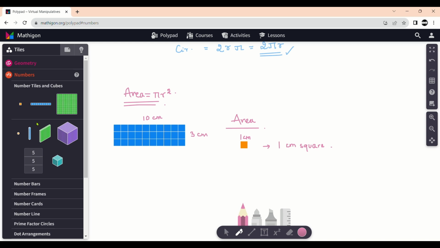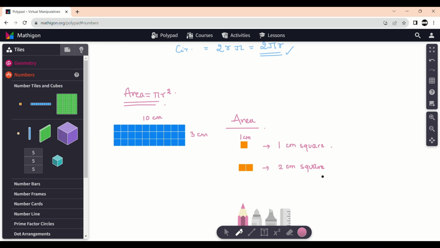So naturally, if we have two such squares, then the area is 2 centimeters square, right? So area only means you count the number of 1 centimeter by 1 centimeter squares, provided the unit of measurement you have is centimeters.